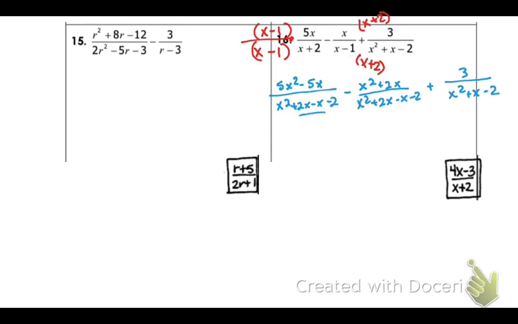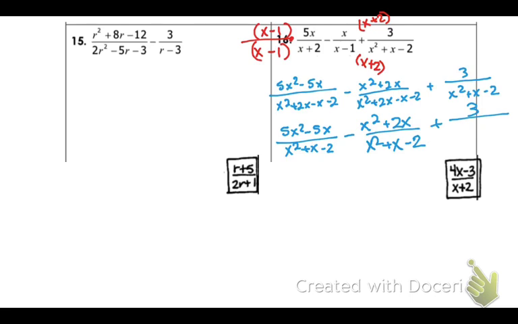When you combine this, you get 1x, which gives you that x that you need. So I get 5x squared minus 5x all over x squared plus x minus 2, minus x squared plus 2x all over x squared minus x plus x minus 2, plus 3 over x squared plus x minus 2.